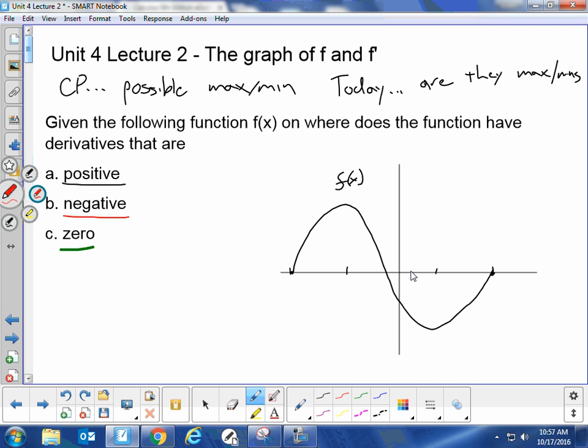You could see that with this graph here. Let's find out when the tangent slopes are positive, when they're negative, and when they're 0. So go ahead and sketch this and just use pluses and minuses for when the tangent slopes are positive, when they're negative, when they're 0.